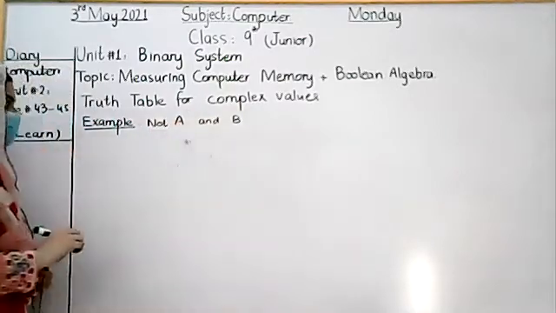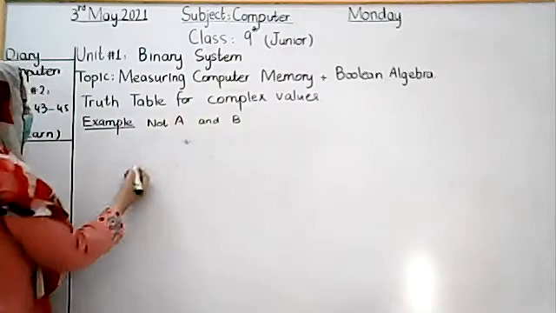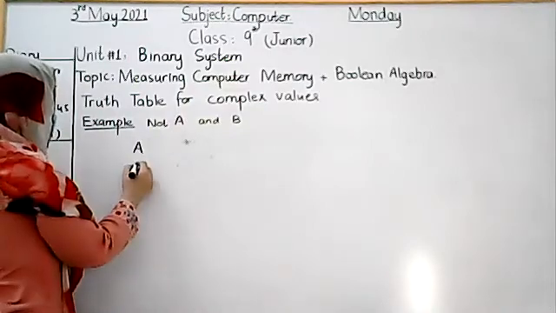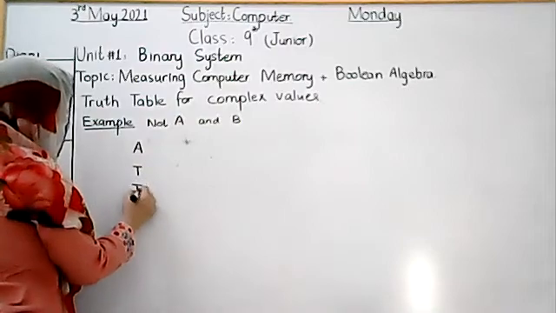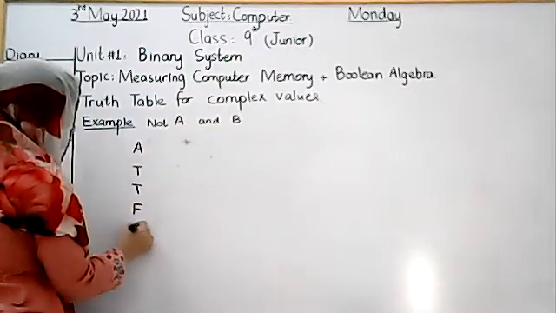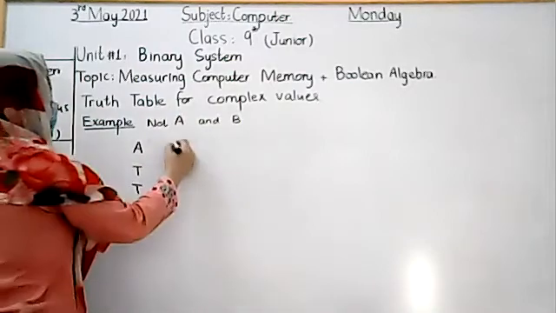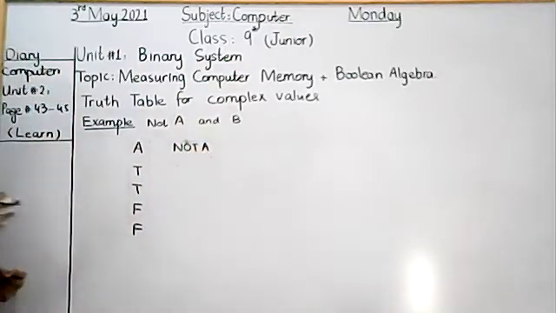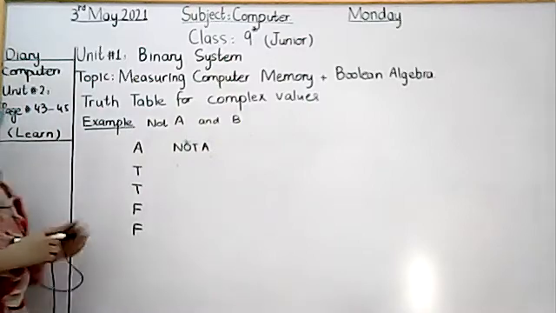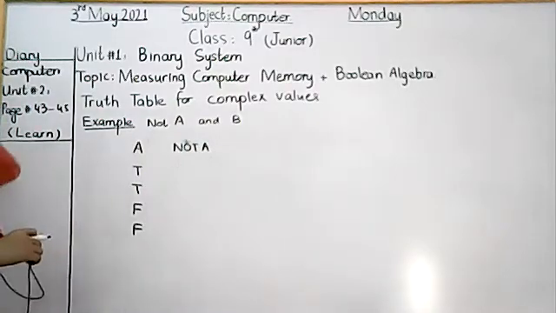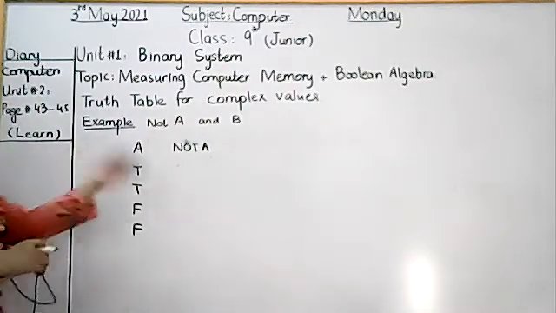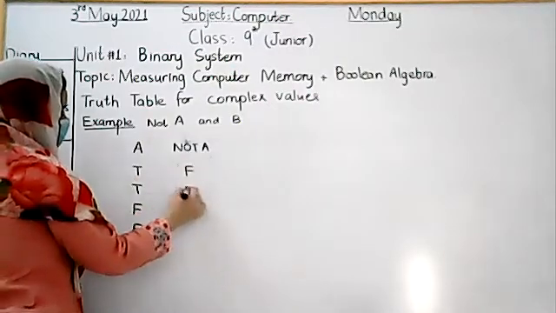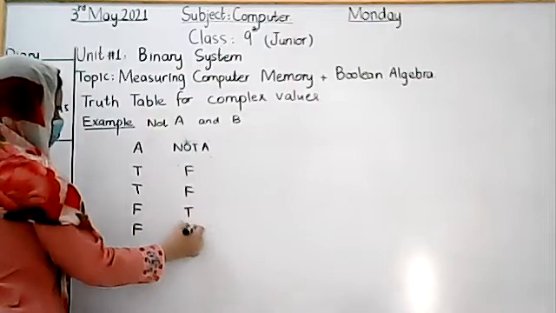So in the truth table, first of all, we will go for A. And A's values will be true, true, false, false, for example. So NOT A will be, what will the NOT operator do? The NOT operator will convert all these values to their opposite. Means true will be false, true will be false. False will be true, false will be true.